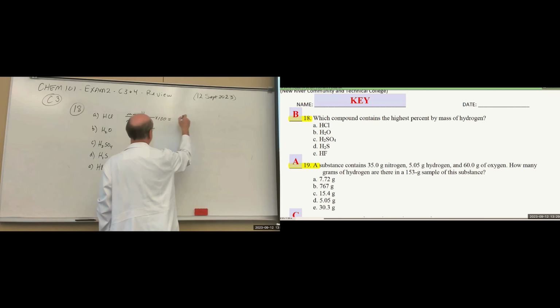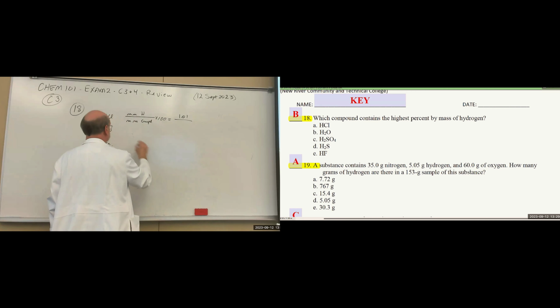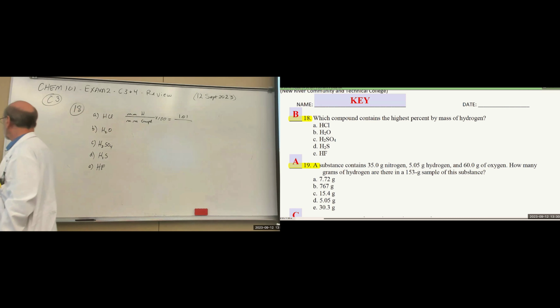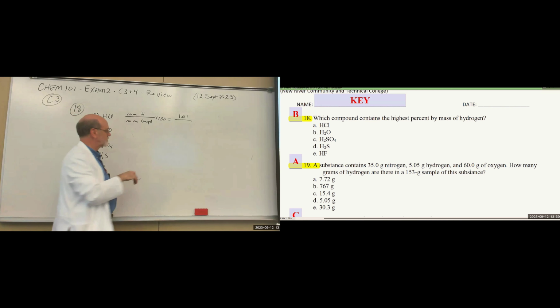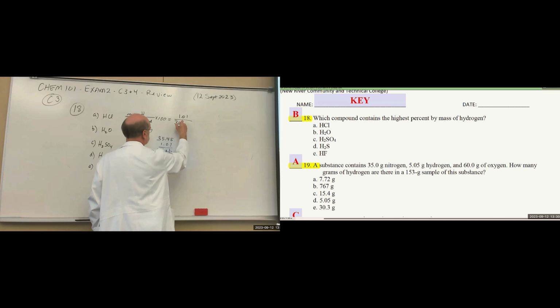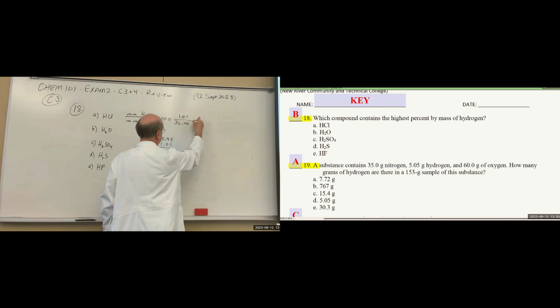In this case, we only got one hydrogen, 1.01. And what's the molar mass of HCl? 1.01 plus 35.45, 36.46, times 100.